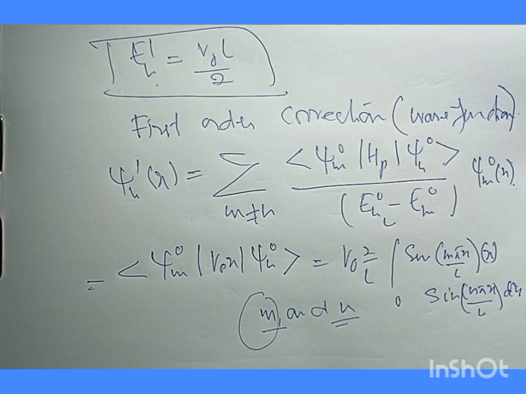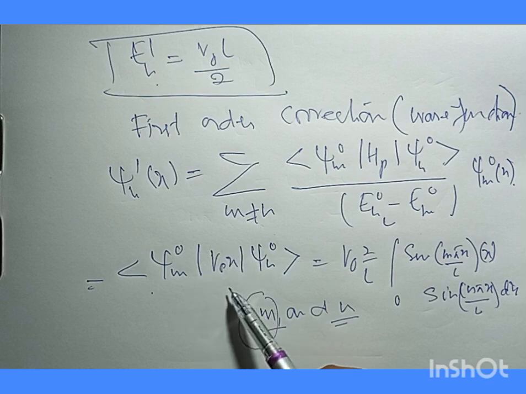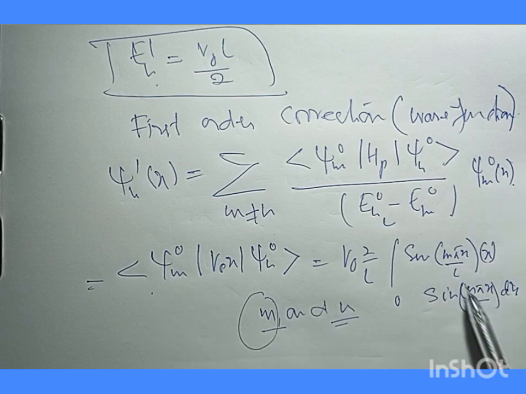However, we will not go into the details of the complex calculations that arise over here. So this is how we can obtain the first order correction in the wave function, by actually calculating the matrix element of the perturbation for this particle between the walls whose potential is infinitely large, where we have the dependence on m and n.